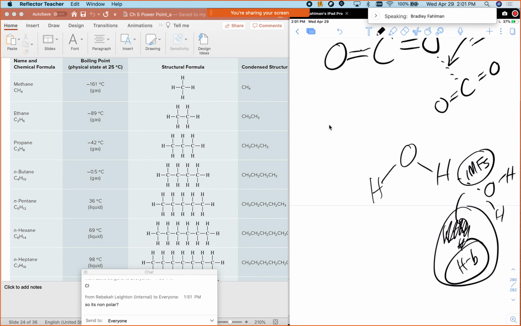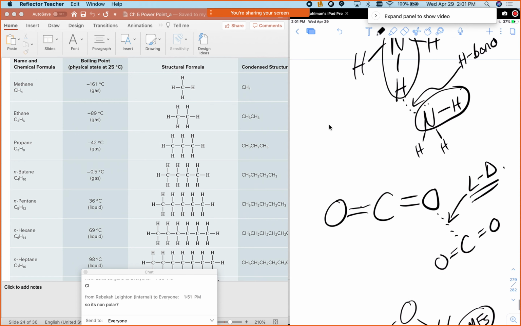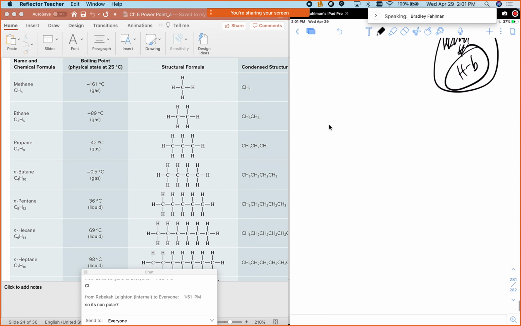So types of questions would be asking what intermolecular forces are between certain molecules, or asking relative boiling points. Here's a question for you.